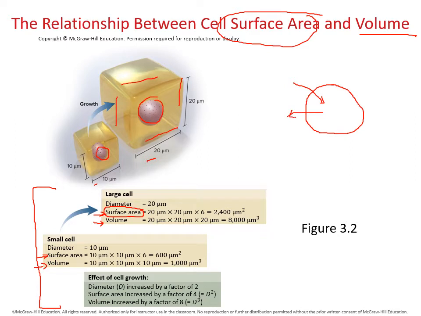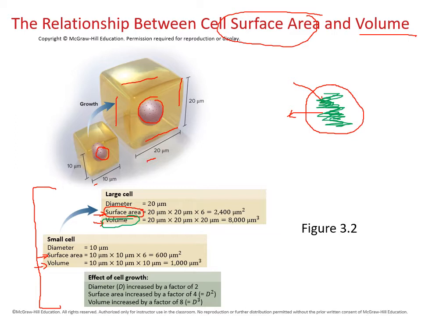The second value that we're going to take a look at is going to be called its volume. And I'm going to change the color of my little clicker here. The volume is going to be concerned with its internal mechanism, what's happening on the inside of the cell. So that's going to take a look at what we like to call the cell's cytoplasm. That's where we're going to find our different organelles like our mitochondria, our nucleus, our smooth ER, our rough ER.